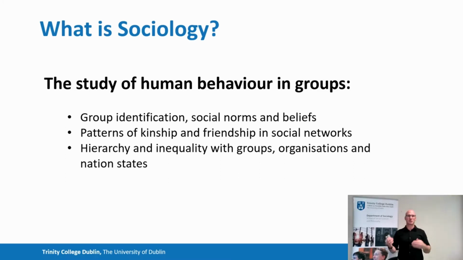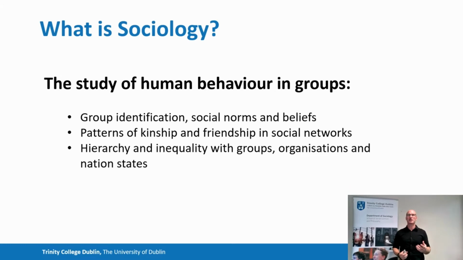But it's not just about those kind of mental constructs that we have about our world. It's also about the kind of ties that we have, our patterns of affiliation within our societies. So there are patterns of kinship and friendship in social networks, and sociologists study the patterns that people are a part of, the kinds of links to family, to friends, and how that then influences their lives.